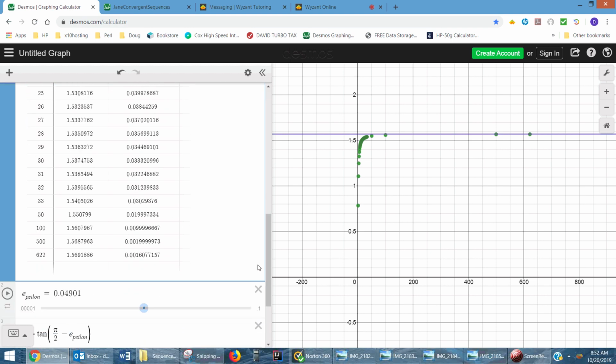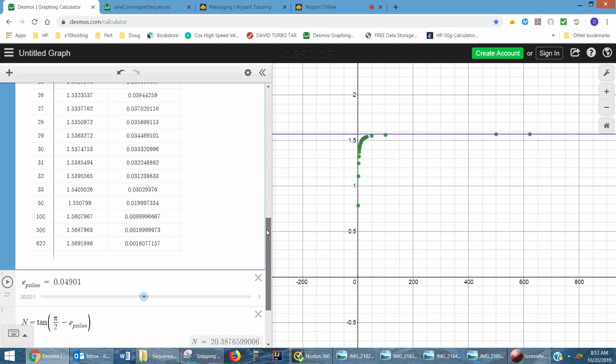And I'm going to scroll all the way down to here. As n hits 50, arctan of n is 1.5507, and the difference between that value and pi over 2 is getting very small. By the time I get to n is 622, I'm at 1.569, and there's our epsilon.